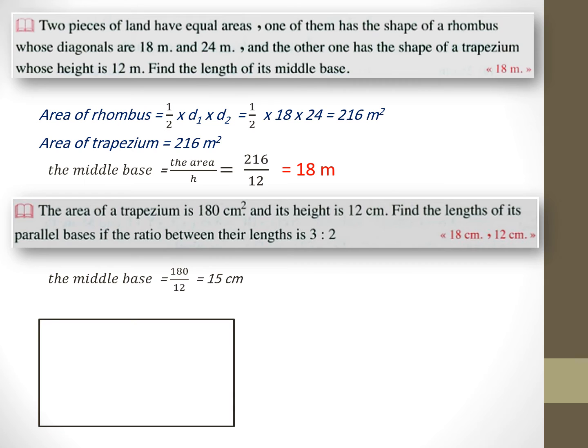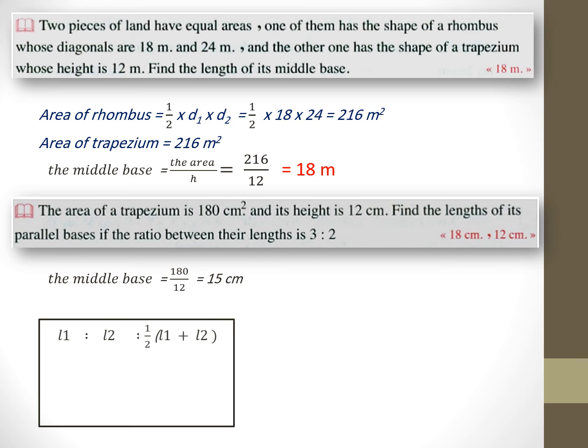Then by using the ratios, we can form a ratio between the bases and its middle base. L1, the small base, to the large base, to the middle base.